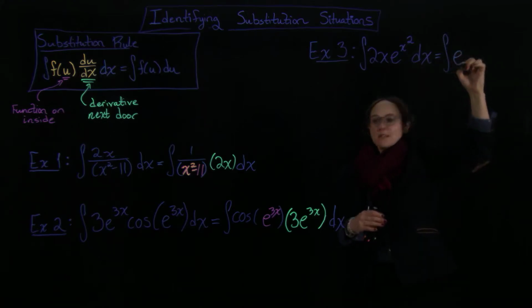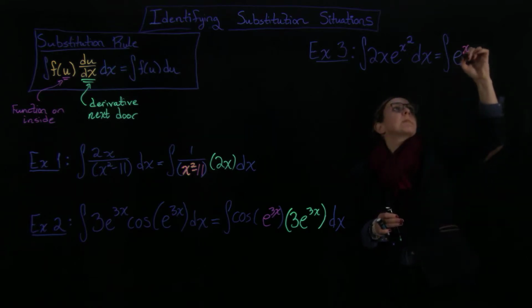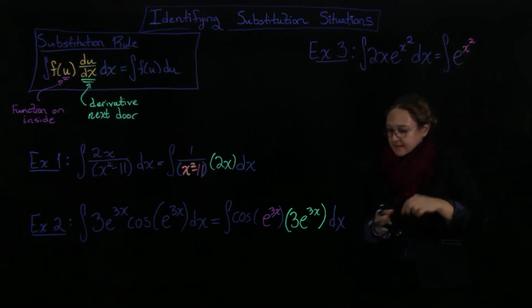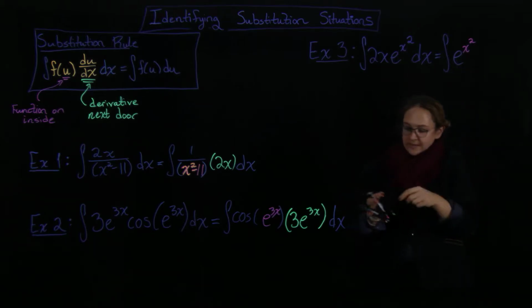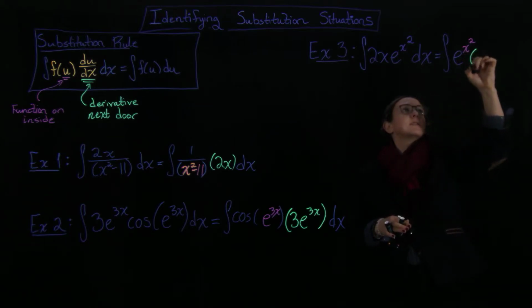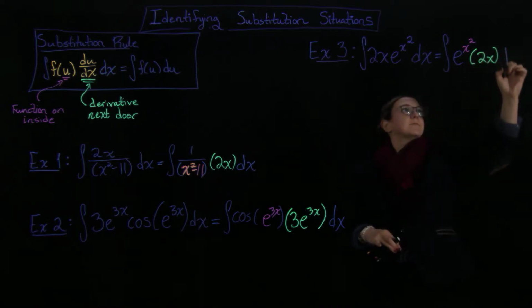So I have e to the x squared, and then times what's left, this 2x, which is the derivative of this, dx.